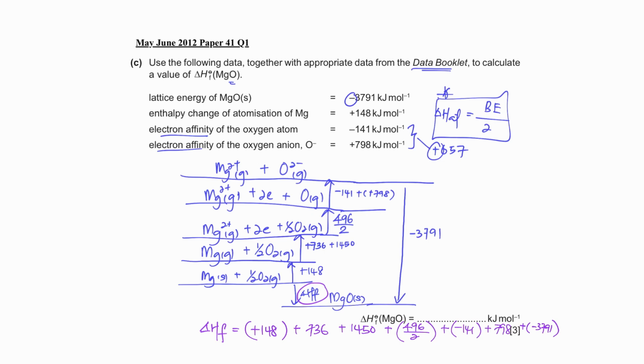With this calculation, we get the enthalpy change of formation of magnesium oxide with the answer -552 kilojoules per mole.